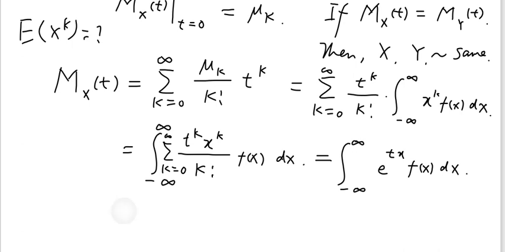So this is just the expectation of e^(tX). So the moment generating function is just E[e^(tX)], where X is a random variable. We can regard t as fixed, but t is just a parameter, t can change. So for fixed t, the expectation of e^(tX) just uses the formula.